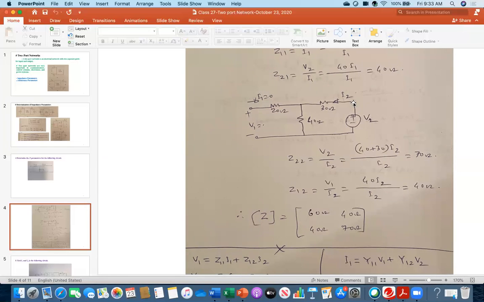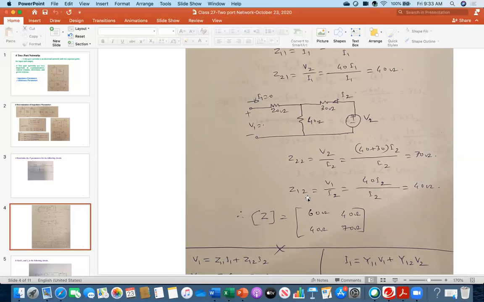Therefore I2 is flowing through 30 and then through 40. So V2 is I2 multiplied by 30 plus 40, which is 70. For V2 I have written 40 plus 30 times I2, and then the denominator I2 cancels, 40 plus 30, 70 ohm. So I got the value G22 as 70 ohm.